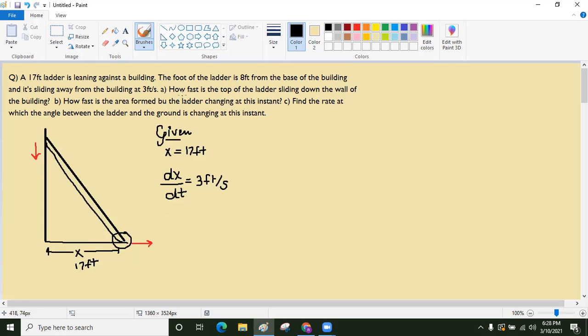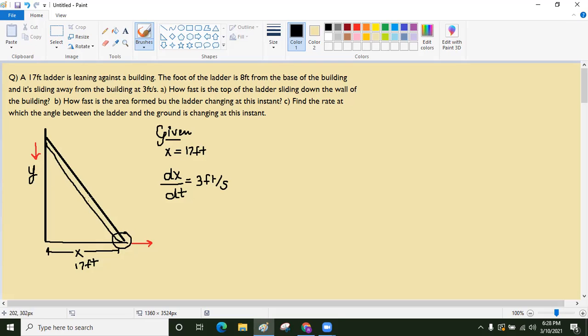And what it asks us here is, how fast is the top of the ladder sliding down the wall of the building? So if we assume that this side is y, it's really asking how fast is y falling down the side of the wall as x, the base of the ladder, gets bigger off towards the right.